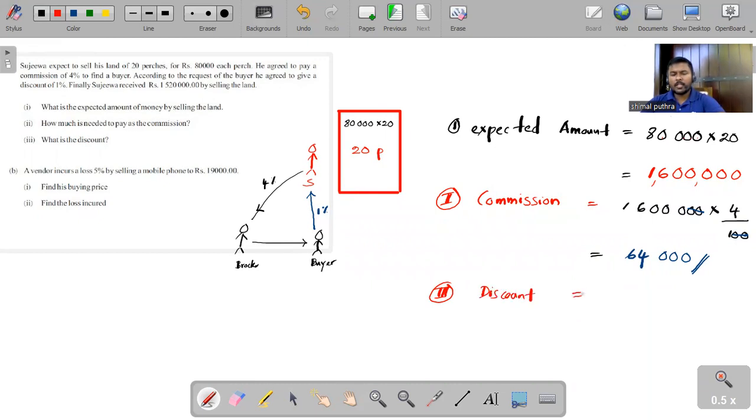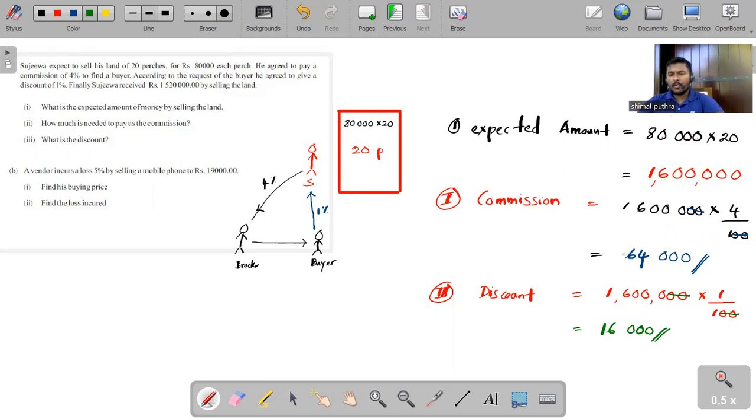The discount was asked by the land buyer. It was 1%. The total business is 1.6 million, that means 16 lakhs. From the 16 lakhs, he asked for a 1% discount. Zeros are cancelled. So this is just 16,000.